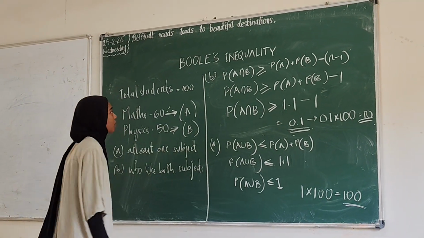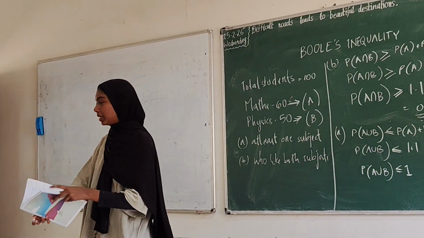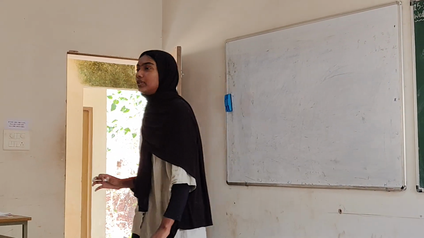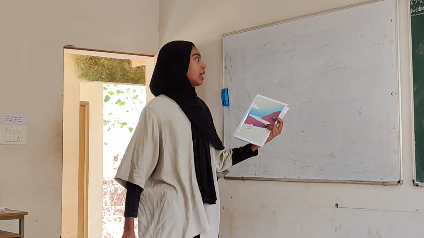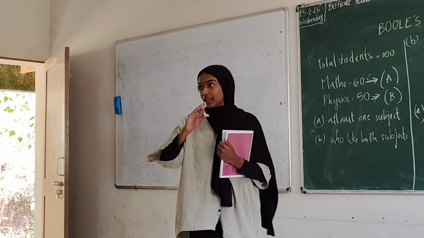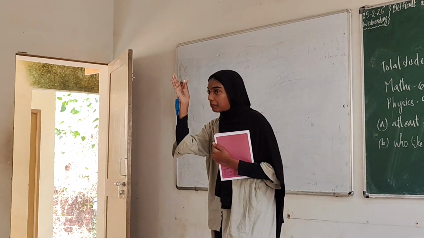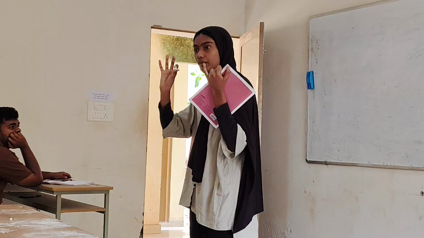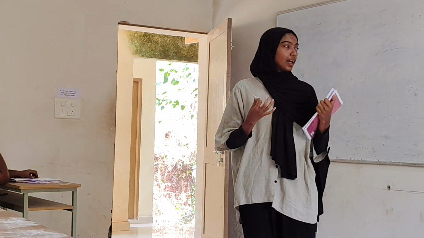So what might be the difference between the addition theorem and Boole's inequality? In the addition theorem, we use the last term, minus P of A intersection B. But here it is not there. In that question, it will be given where both cases occur, but in this case, it is unknown.